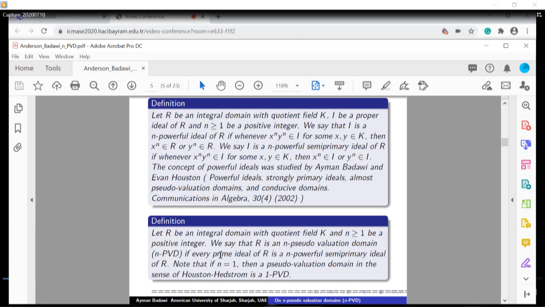All right, so what do we mean by n-pseudo valuation domain? It means every prime ideal of R satisfies this condition. What is the condition?